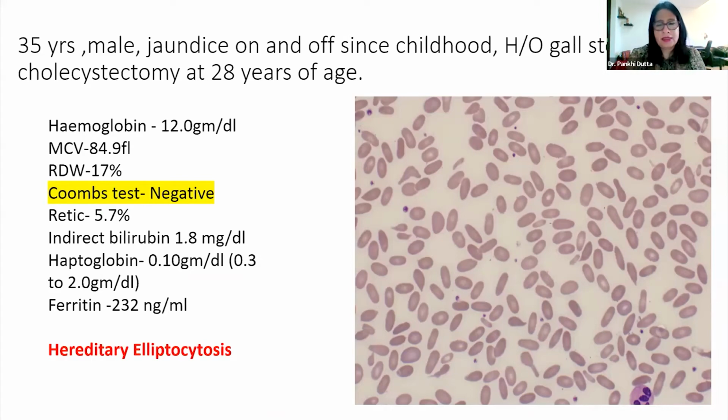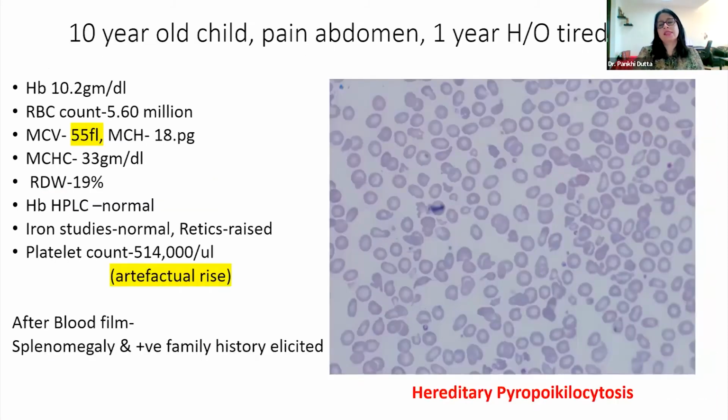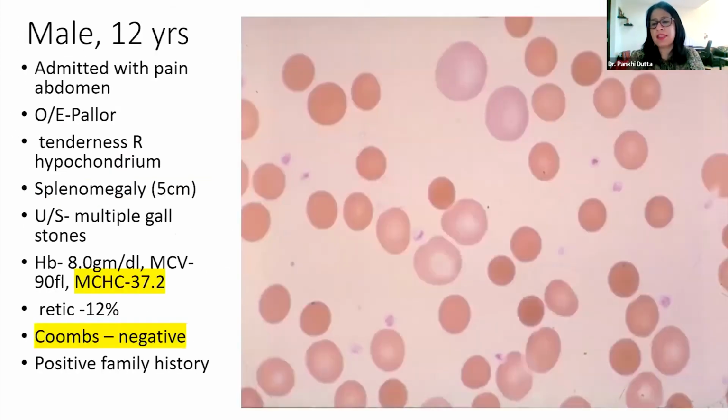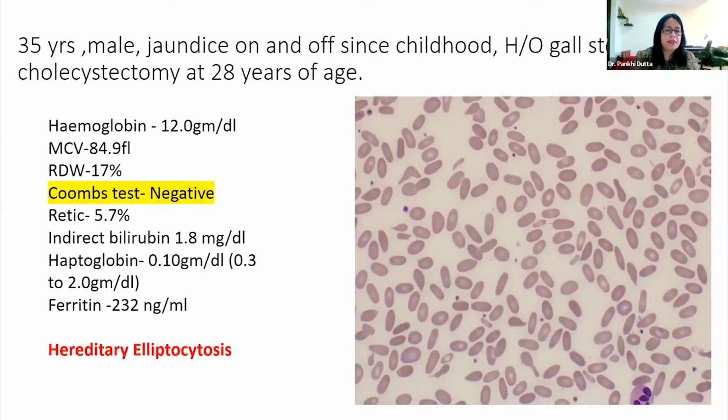And a bad brother of hereditary elliptocytosis is hereditary pyropoikilocytosis, which is associated with microcytosis. Again, this is a red cell membrane disorder where you have far more poikilocytosis than what you saw in the previous smears.